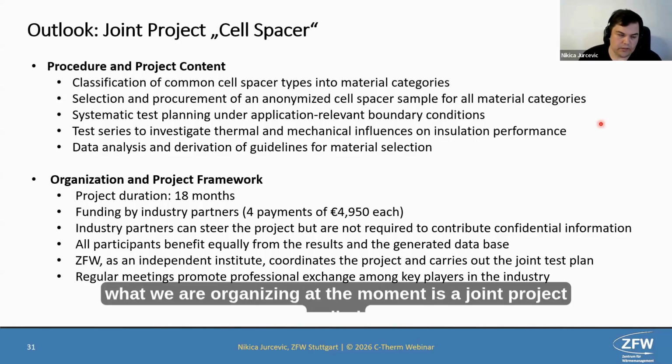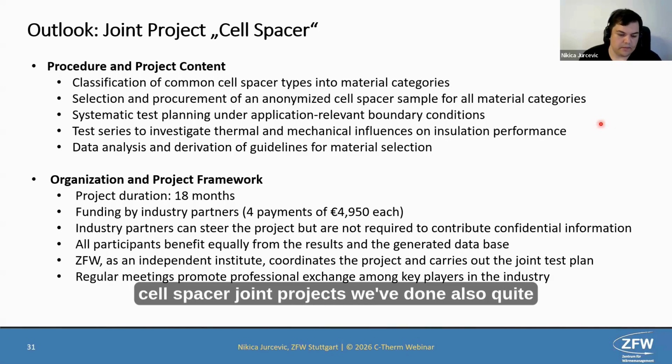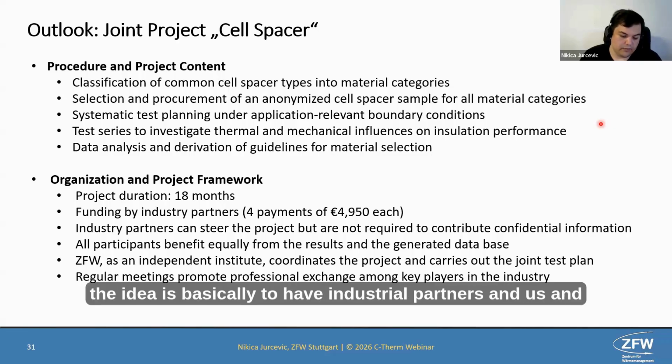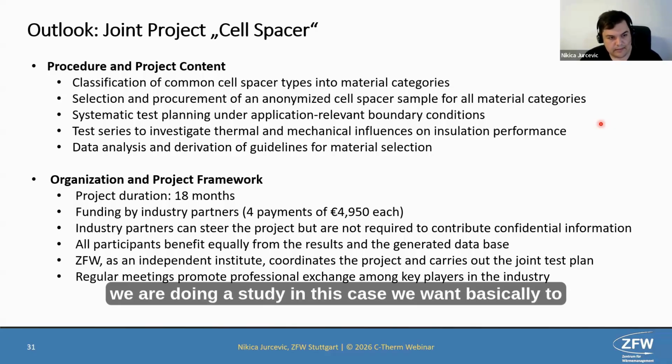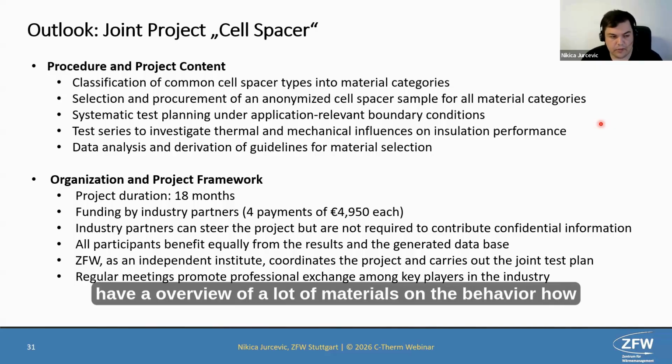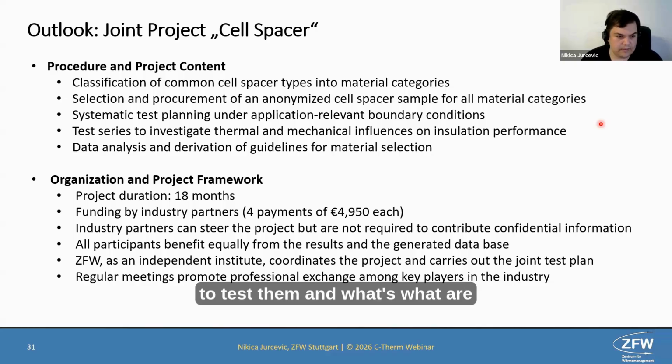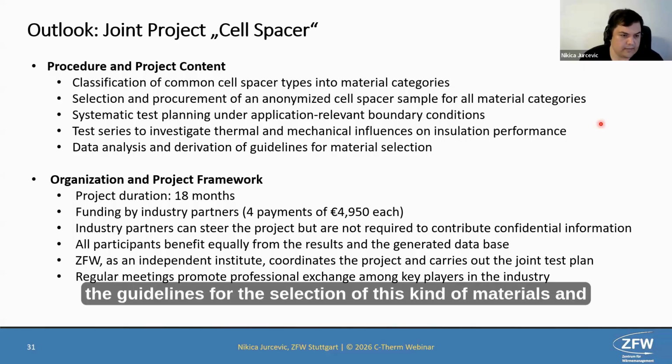And what we are organizing at the moment is a joint project called Cell Spacer. Joint projects we've done also quite a few in the past in different kinds of fields. And the idea is basically to have industrial partners and us, and we are doing a study. In this case, we want basically to have an overview of a lot of materials on the behavior, how to test them, and what are the guidelines for the selection of this kind of materials.